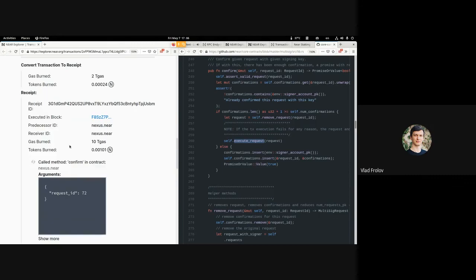So when we confirm, we use the 72 as an identifier to find the request from our local storage to later execute it. And this 72nd request is to transfer 6.9 near tokens to this account.